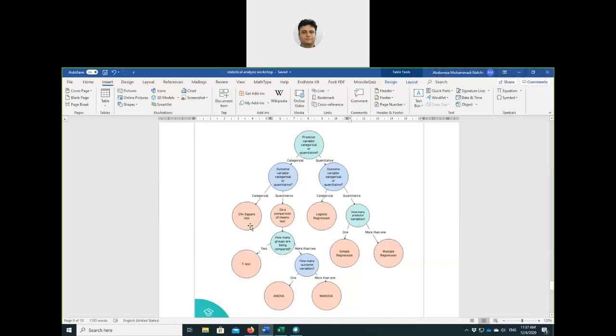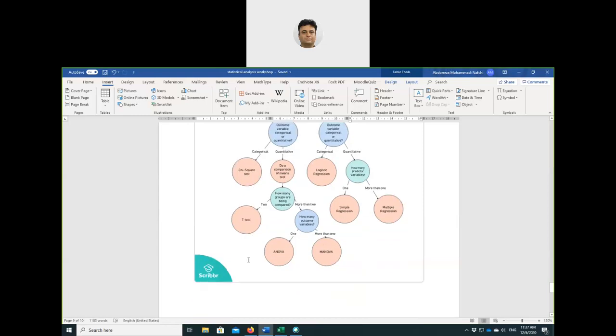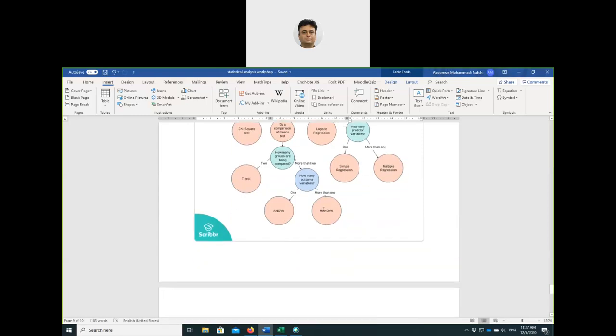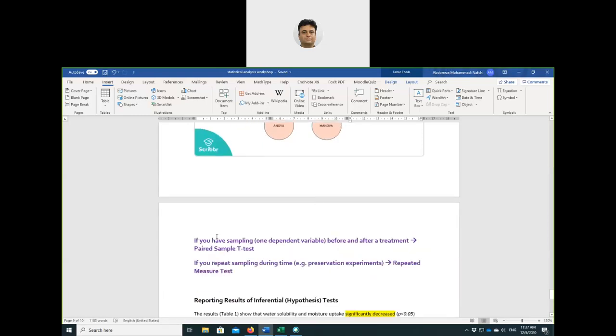choose the right test, to make sure which test is measuring the differences between the samples. We have two other types, commonly used in food.